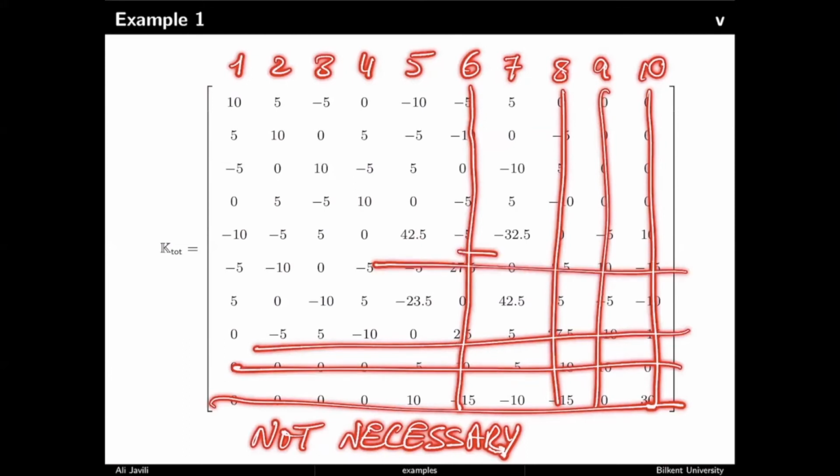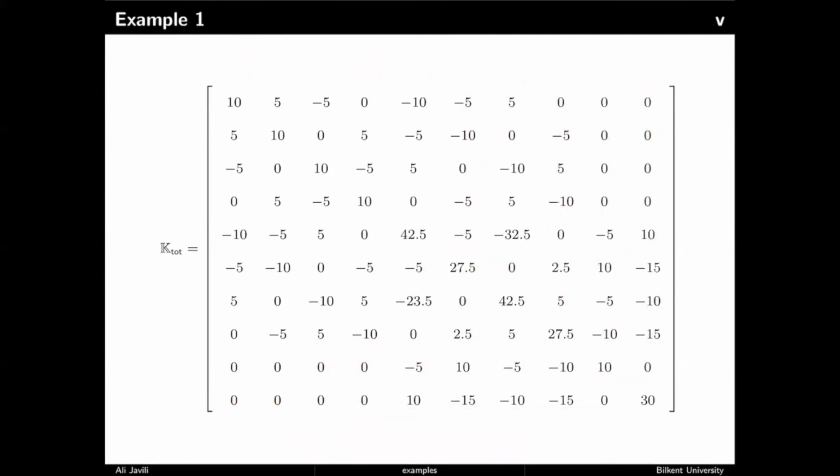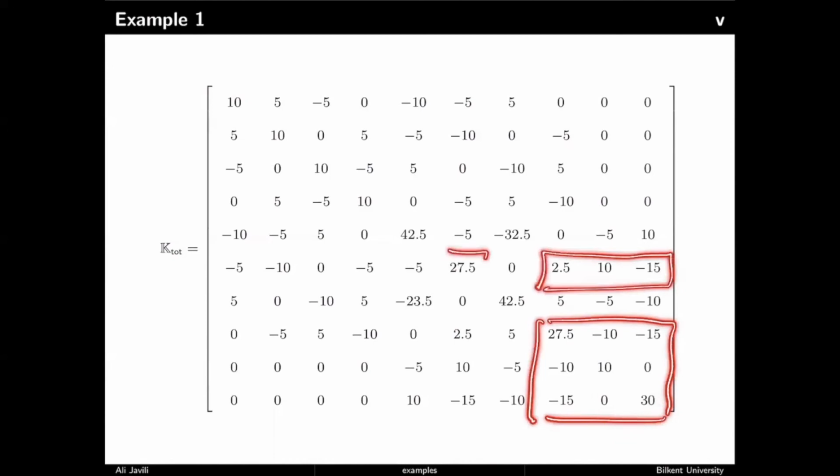These are the components that we are interested in. So this is that 4x4 matrix, the reduced one. The reduced one would have this block, and then this one, and this one, this one.